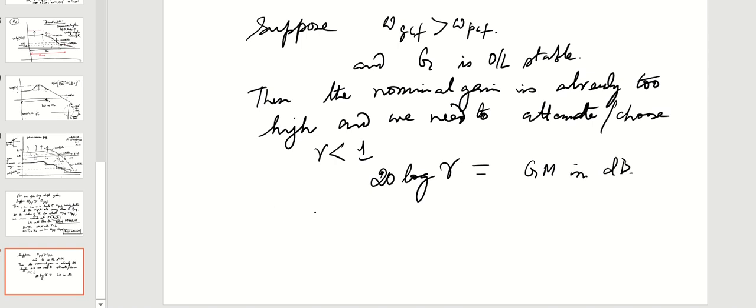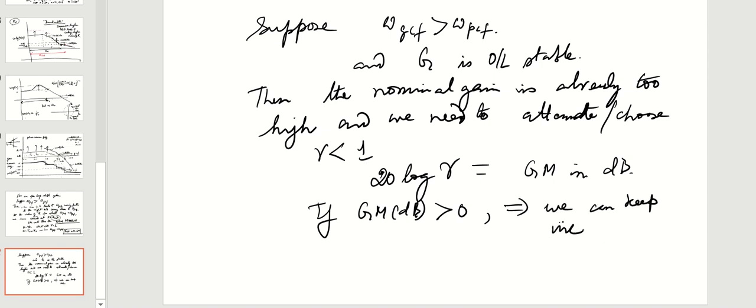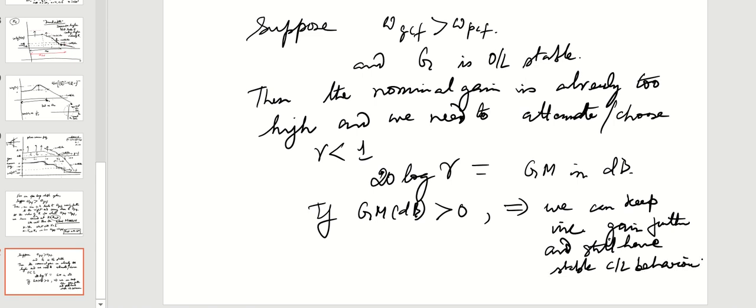If the gain margin in decibels is positive, it implies we can keep increasing gain further and still have stable closed loop behavior.